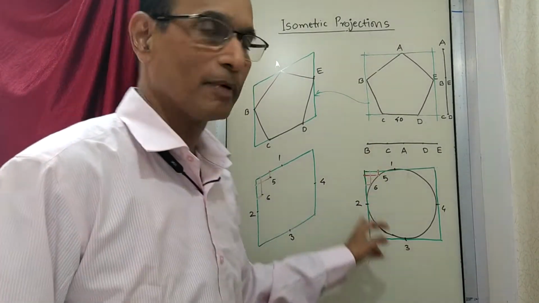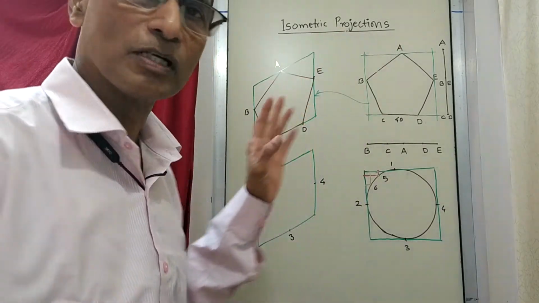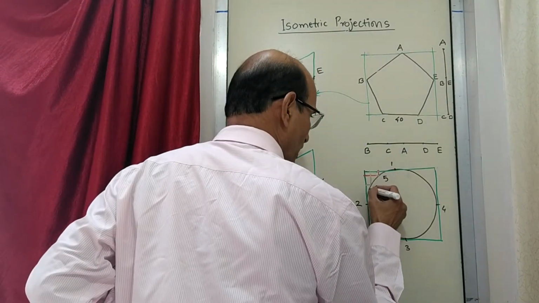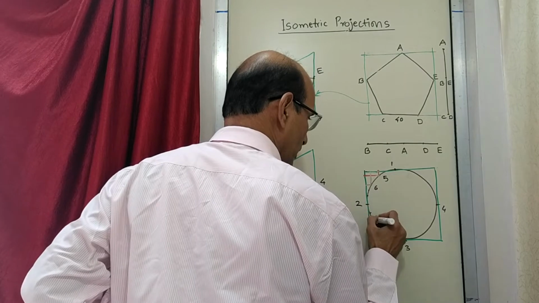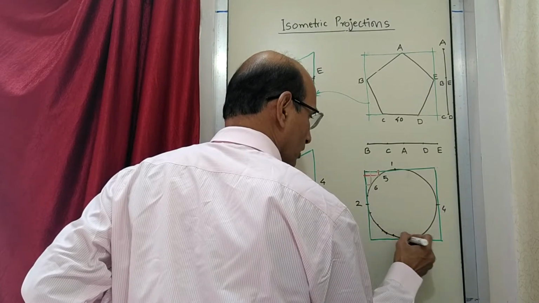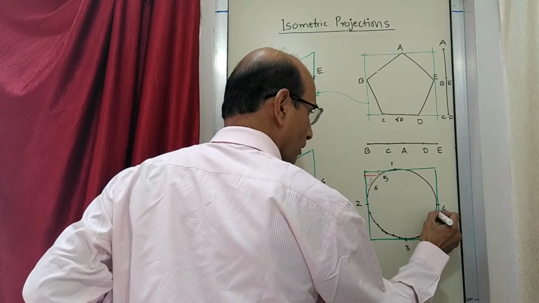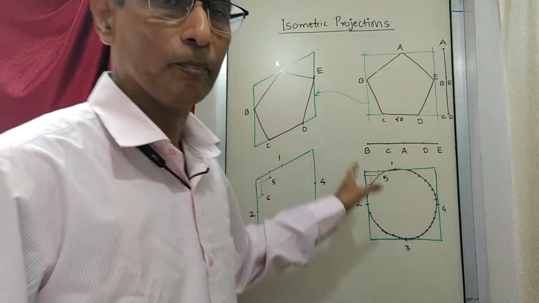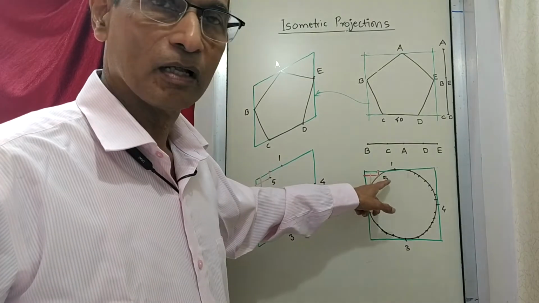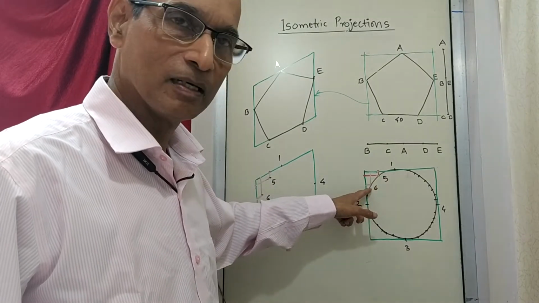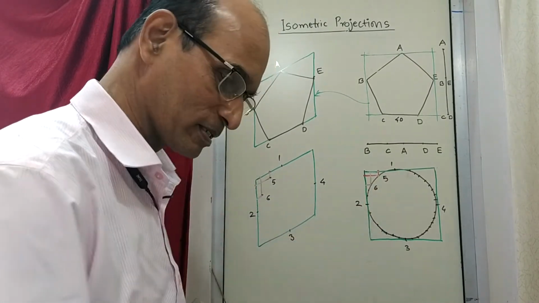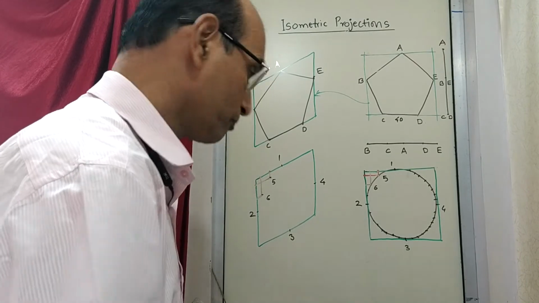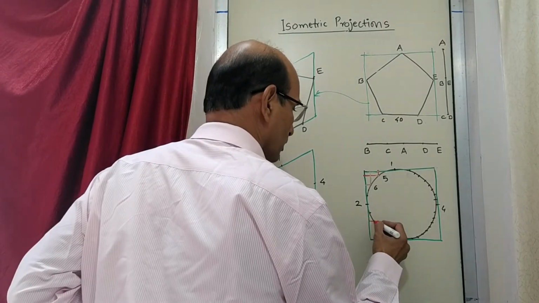Now this circle is made up of how many points? There are thousands of points. So like 5, like 6, you take 7, 8, 9, 10, 11, 12, 13, 14. If you take so many points, and what you have done for 5 and for 6, you do for all these points, that means everywhere you get this distance.